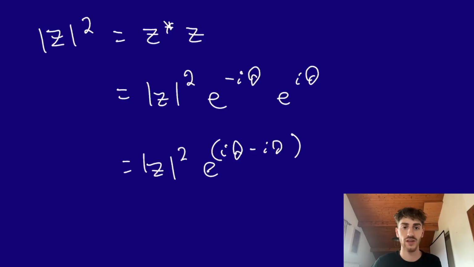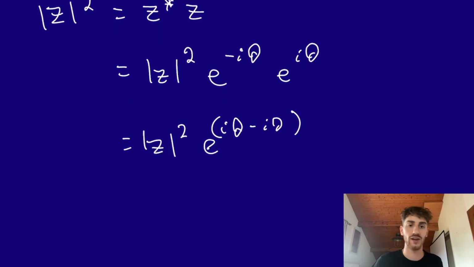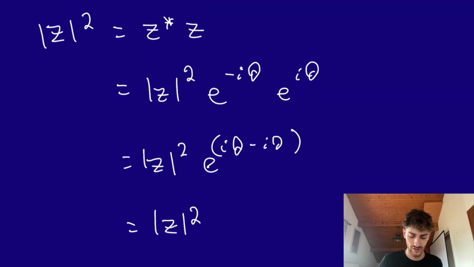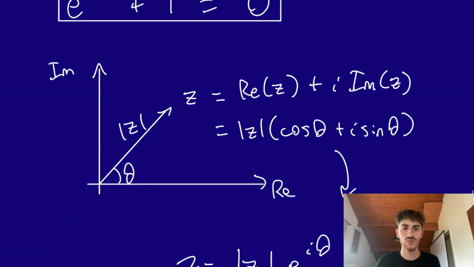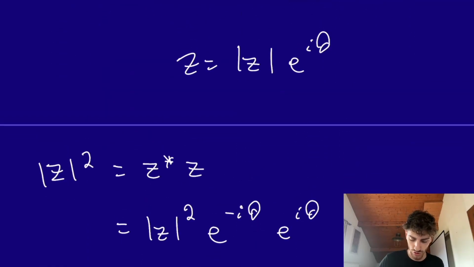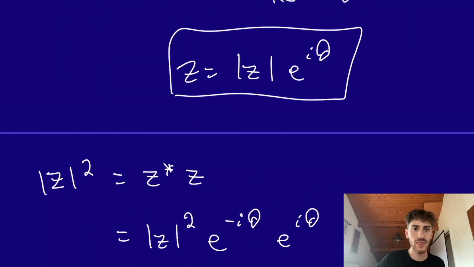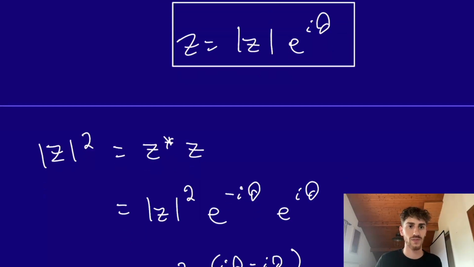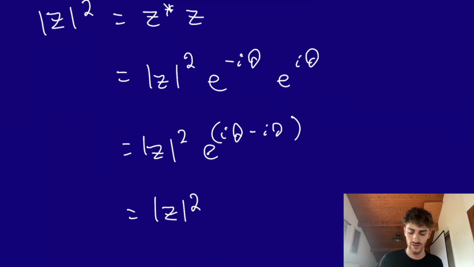Because you just add up the exponents when you multiply these. Okay, and then this is 0, and e to the power of 0 is of course 1. So then you just get magnitude of z squared. Okay, so see how much nicer that works out. Now instead of having this sum of terms, you just represent z like this. It's just so much simpler and so much easier to work with, okay? And it all works out in the end, just like we expect, right?